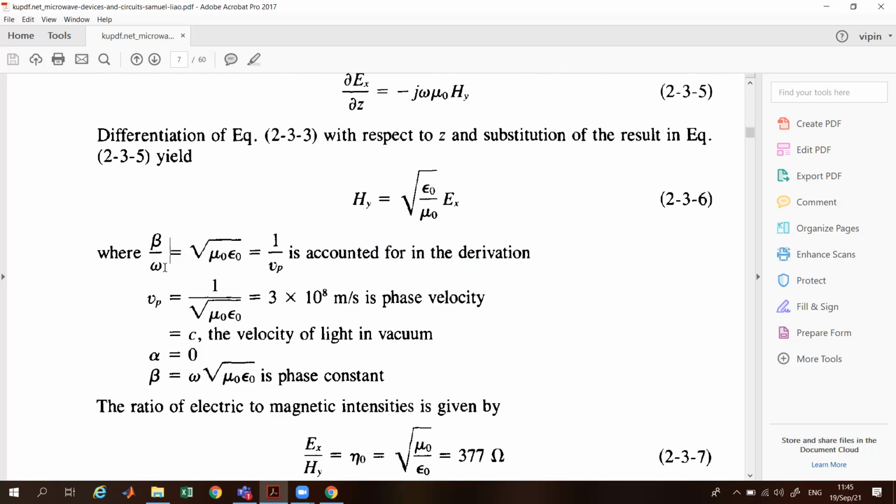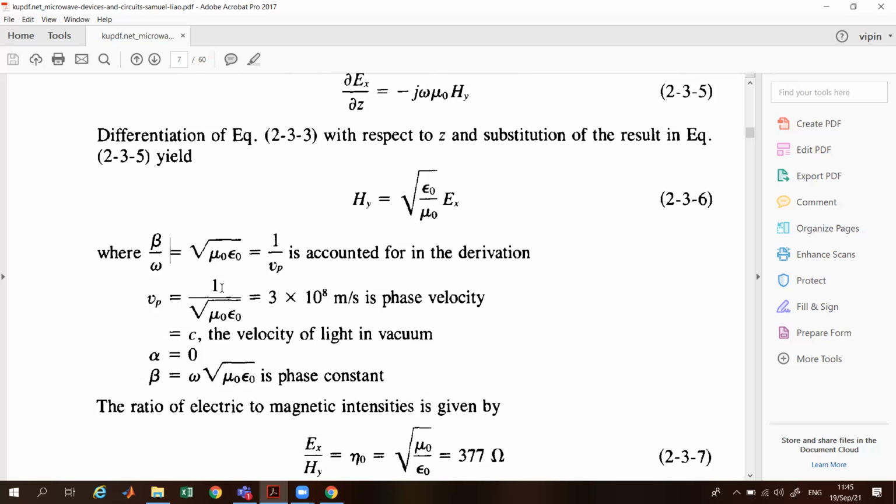That beta divided by omega equals the square root of mu naught epsilon naught, which equals 1 divided by Vp, is accounted for in the derivation.